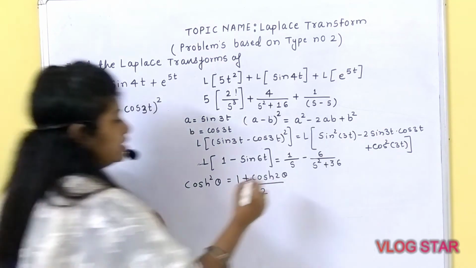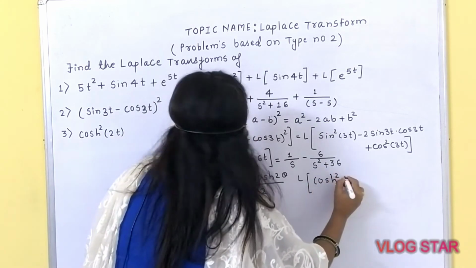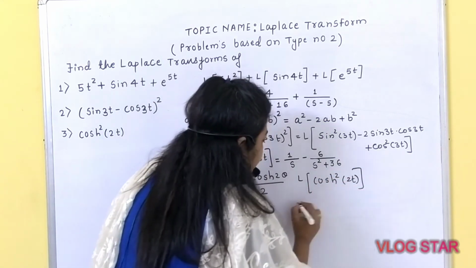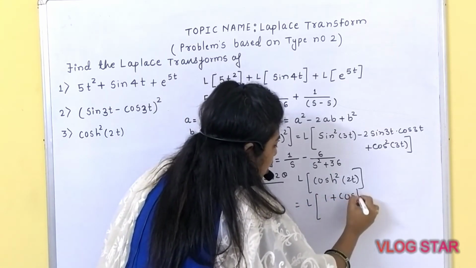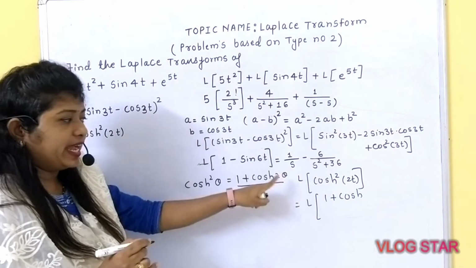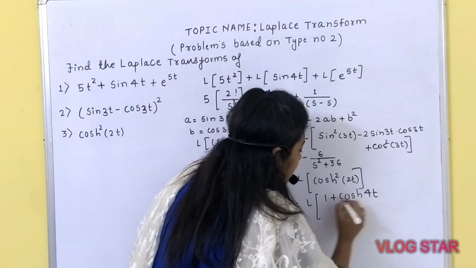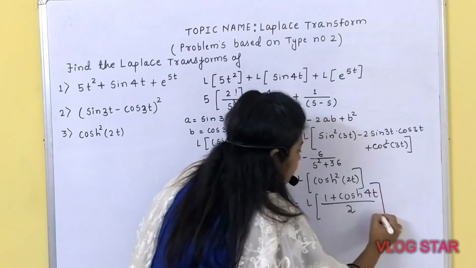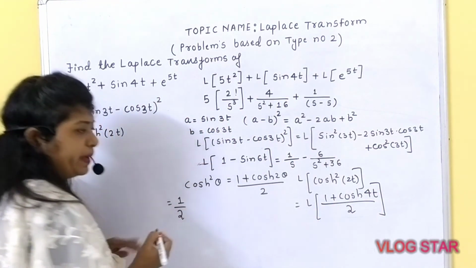It is 2t. So Laplace of cosh square 2t can be written as Laplace of (1 plus cosh 2 theta), that is 2 into 2t, you will get 4t, upon 2.